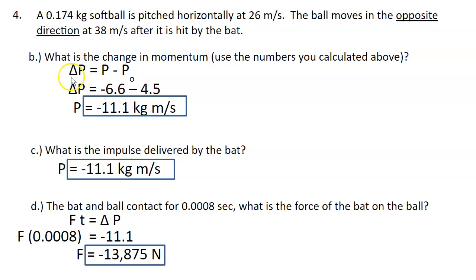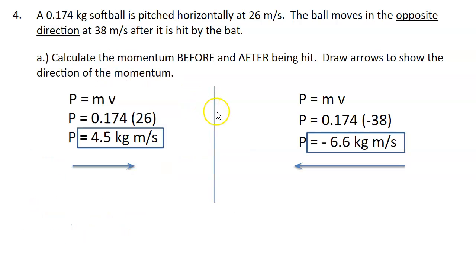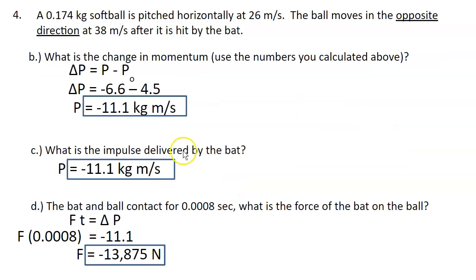We have an equation for change in momentum. It's change in momentum equals final momentum minus initial momentum. So go back and check. Final momentum, negative 6.6. Initial momentum, 4.5. So it's final minus initial. This came from the previous problem.